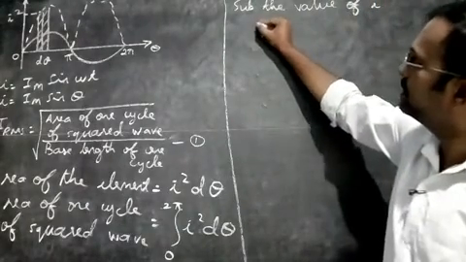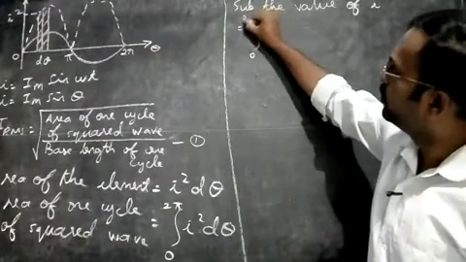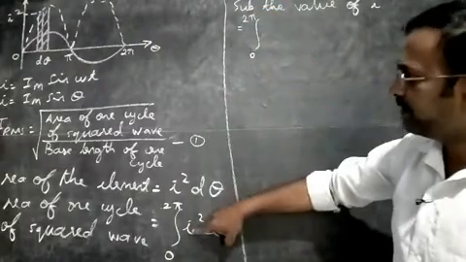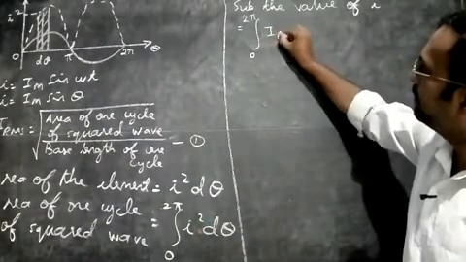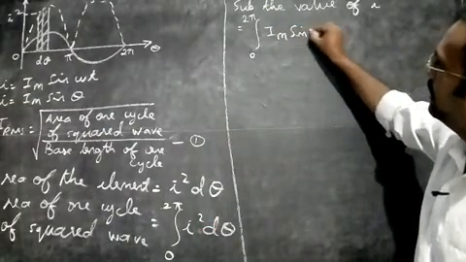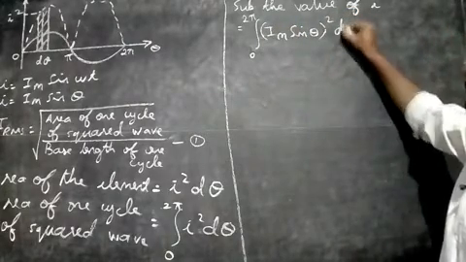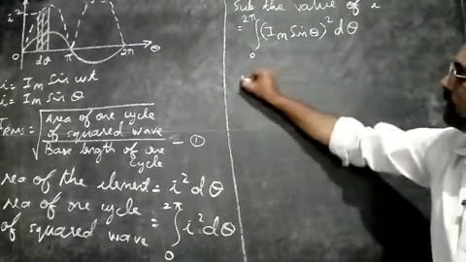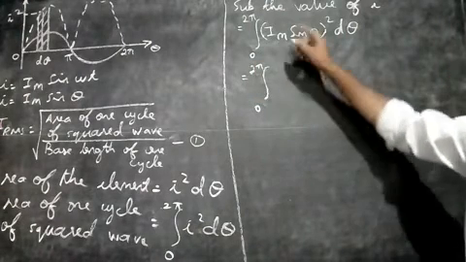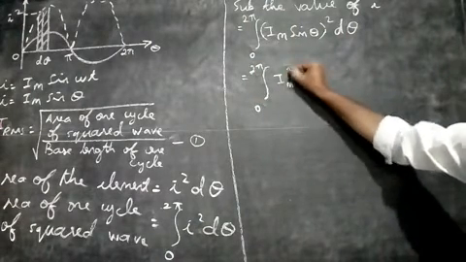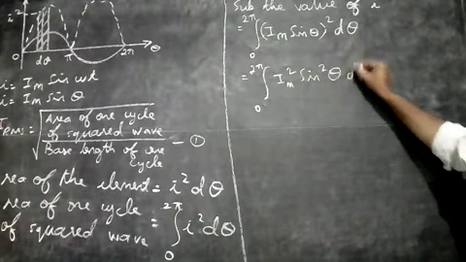So what you get here is the integral from 0 to 2 pi, instead of I square, instead of I you write Im sine theta, and then squared, d theta. So square this term. So we get the integral from 0 to 2 pi of Im square sine square theta d theta.